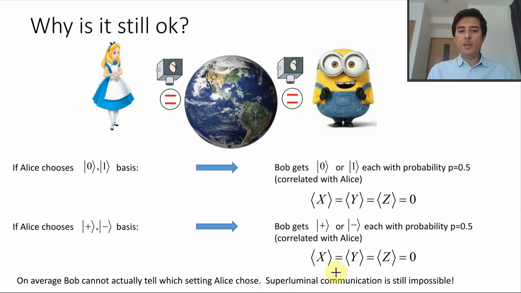If this were not true, then superluminal communication would actually be possible. That means that we could actually communicate.